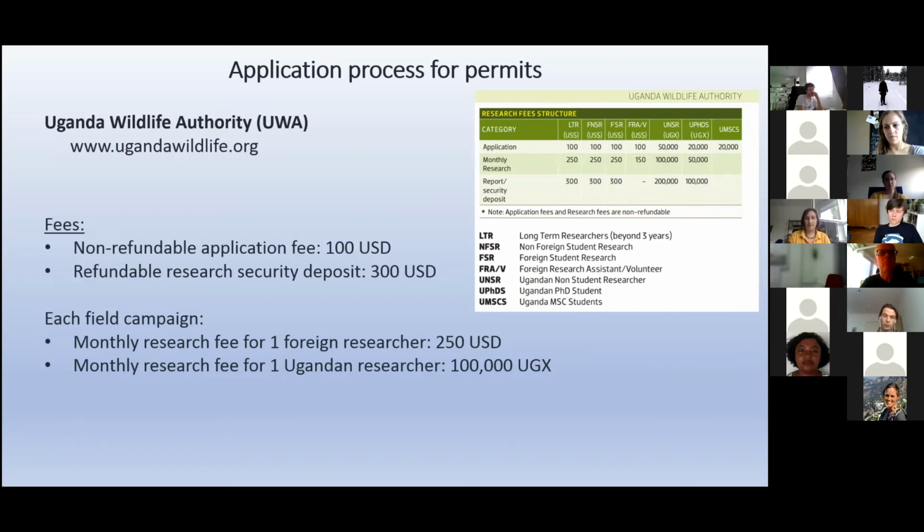Every foreign researcher who wants to work in a protected area in Uganda has to pay $250 US for every month of visits. Your Ugandan colleagues have to pay 100,000 Uganda shillings, which is equivalent to about $30 right now. So this is the first step.